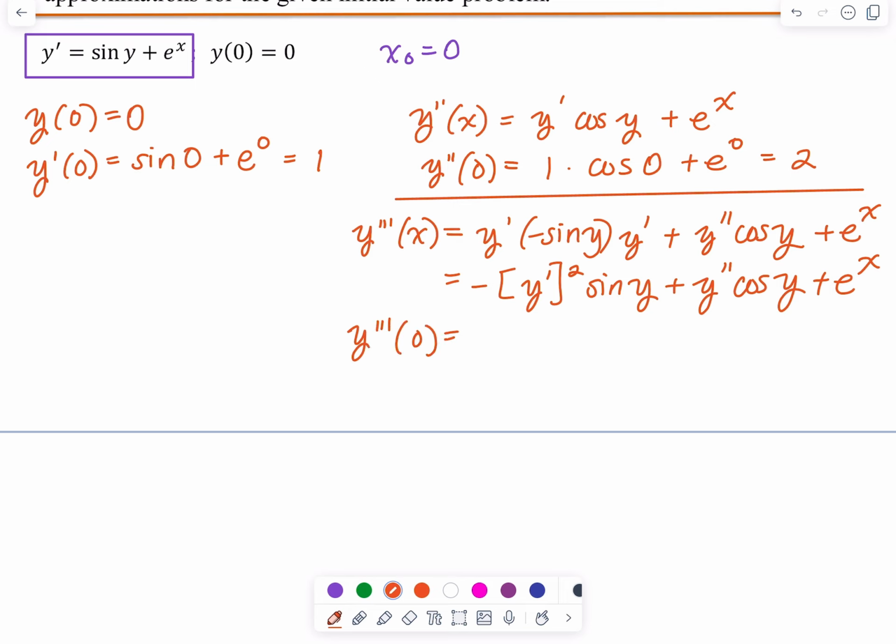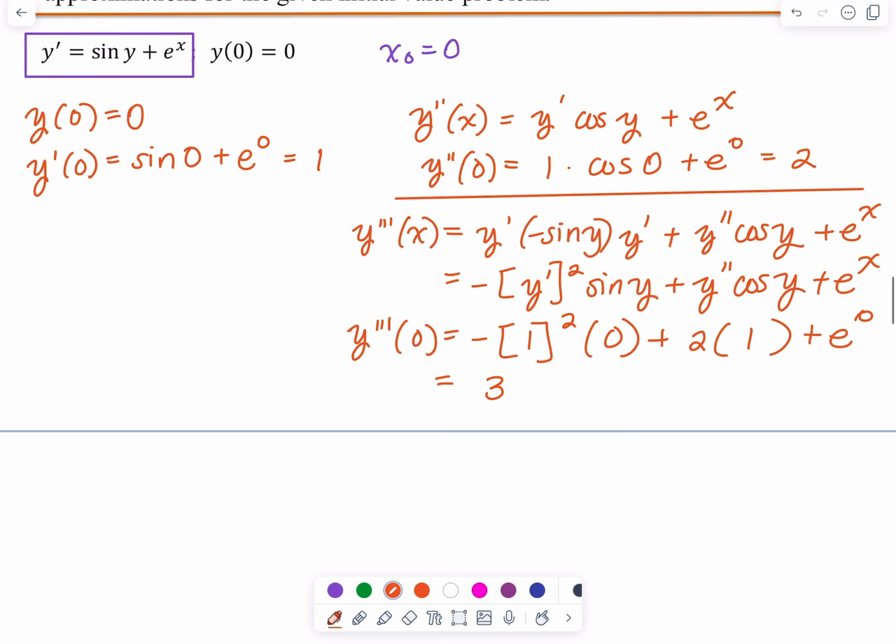So y prime of 0 was 1, multiplied by the sine of 0, which is 0, plus y double prime, which is 2, multiplied by the cosine of 0, which is 1, plus e to the 0. So here we have 3.